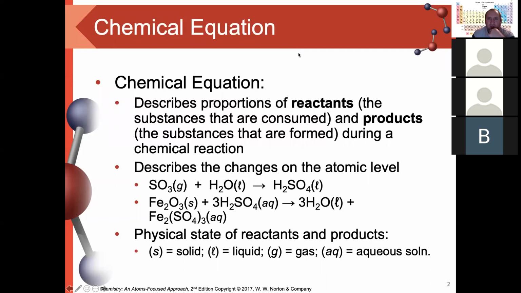When I go from sulfur trioxide and water as my reactants to making sulfuric acid as a product, something happened in these molecules to allow them to convert themselves into this molecule.